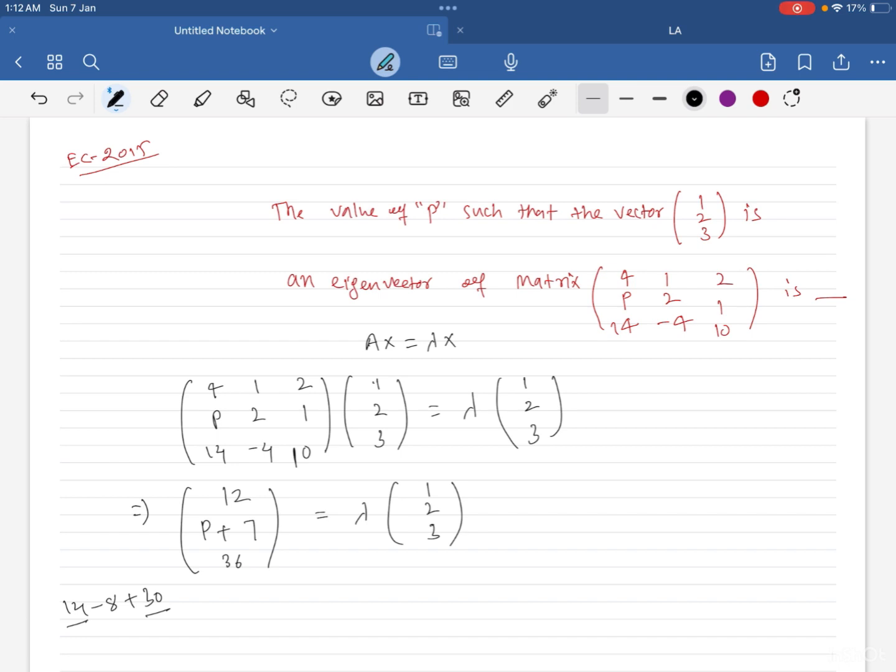Okay, now these two are equal, right? So if we look at this, maybe we can take 12 common. That means to make this 1 2 3, p plus 7 would be equal to 24, right? Then if we take the 12 common, then we will have 1 2 3. So p is equal to 24 minus 7, that is 17.